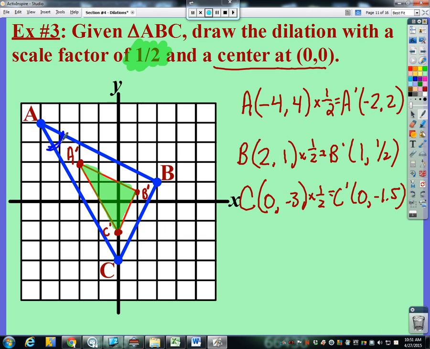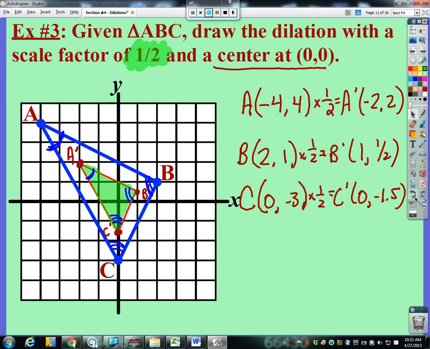So this angle up here by A is still this angle here by A, and this angle here by B is still this angle by B, and angle C is still the same angle by C prime. So these two triangles will always be similar to each other, regardless of scale factor and regardless of the center.